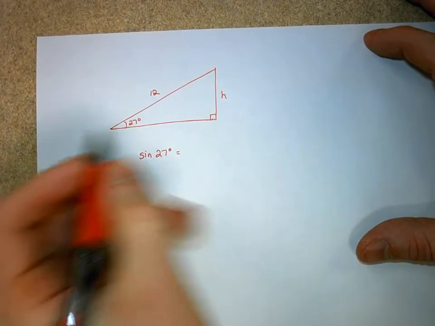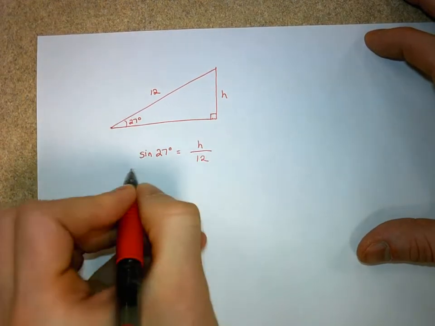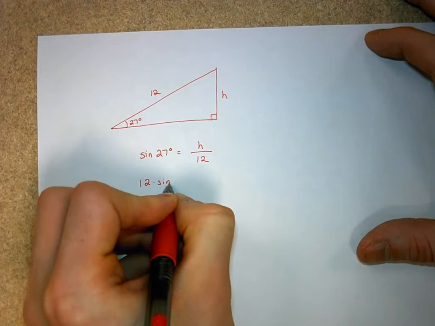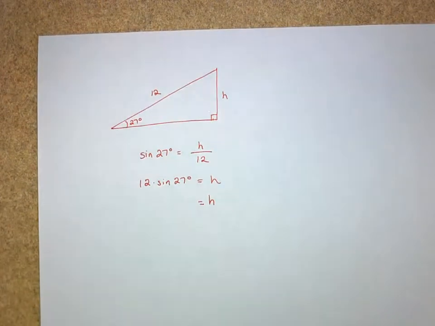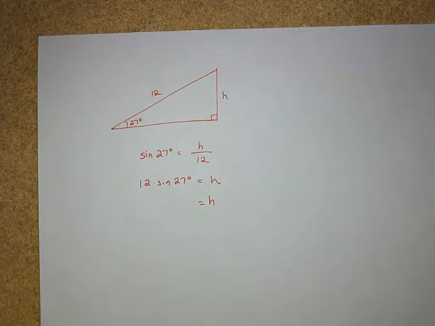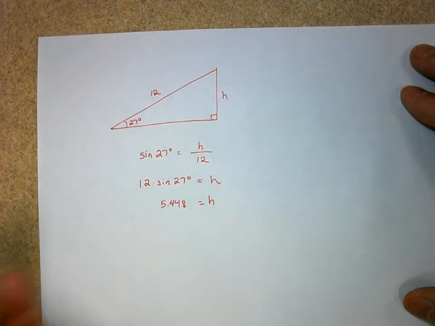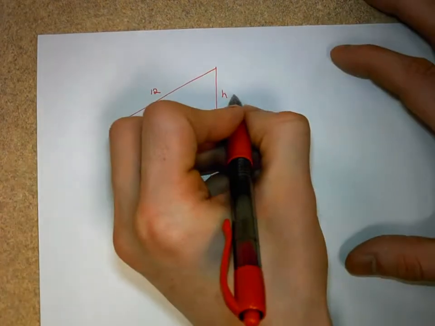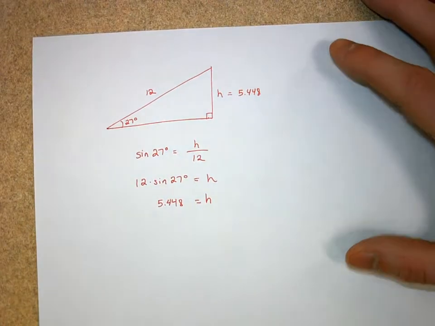The sine of 27 degrees is the opposite, which is the height, over the hypotenuse, which is 12. So 12 times the sine of 27 degrees equals the height, and the height ended up being 5.448. So here this height is 5.448.